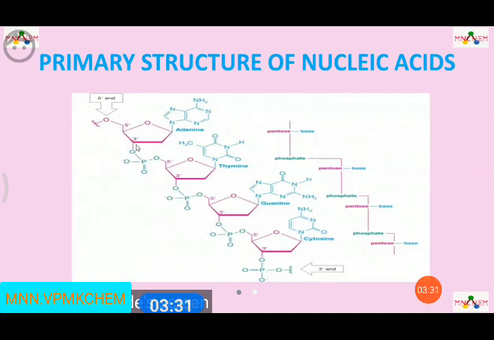Here we can see for this sugar molecule, this 3-OH hydroxyl group is attached to phosphate, which is attached to the 5-OH of another sugar. So this is how the phosphate esters are formed, or these are also called phosphodiester linkages present between nucleotides.